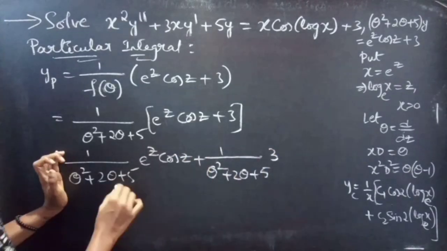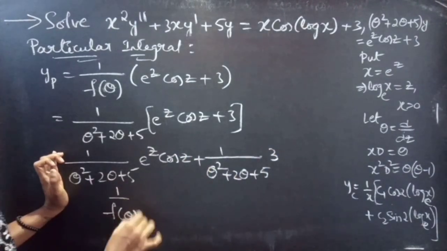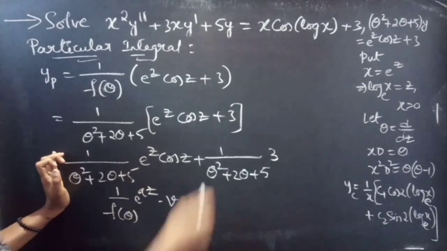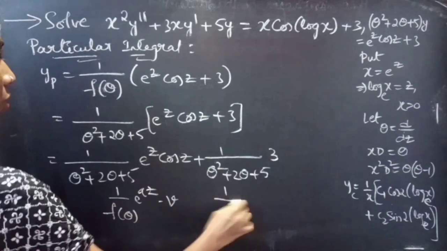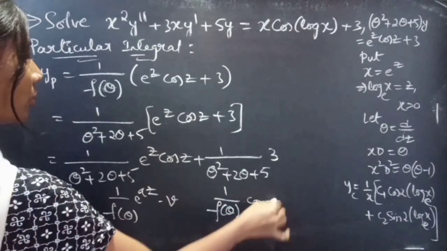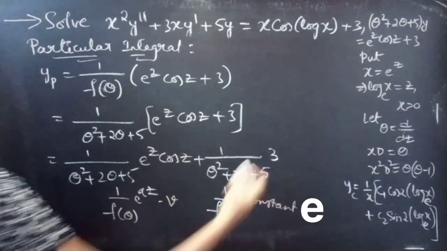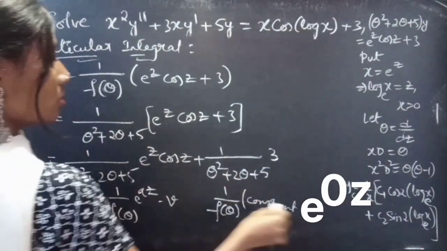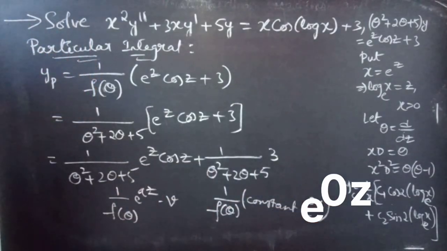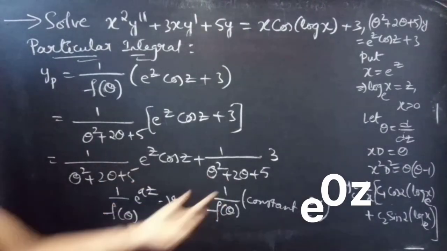So the first is of the form 1 by f of theta into e power az into v, and this is 1 by f of theta into some constant, right? We can write the constant into e power 0z. Okay, let's find each term separately.